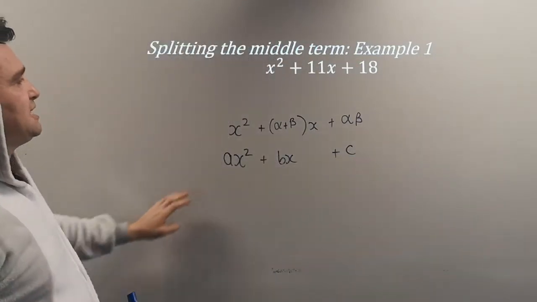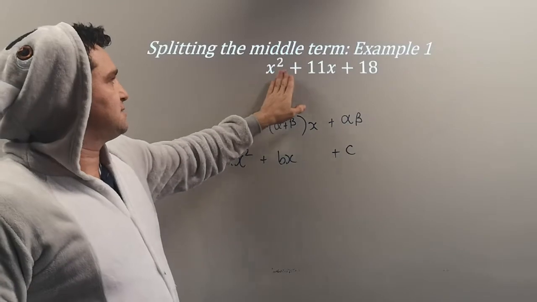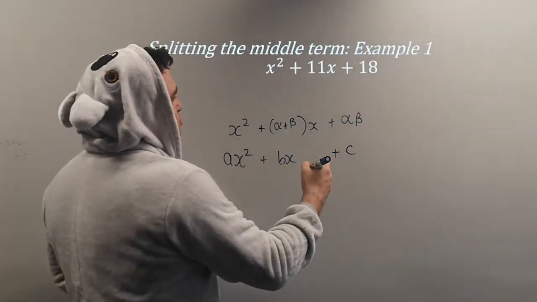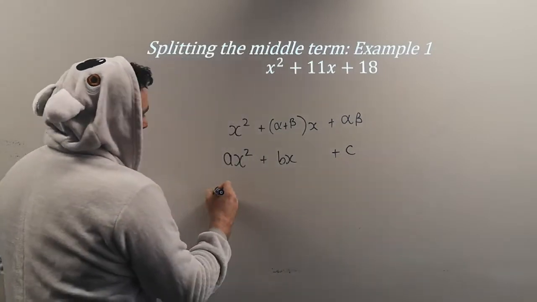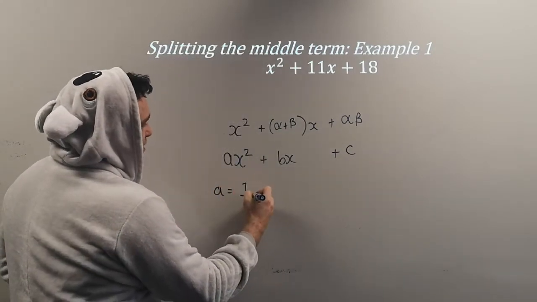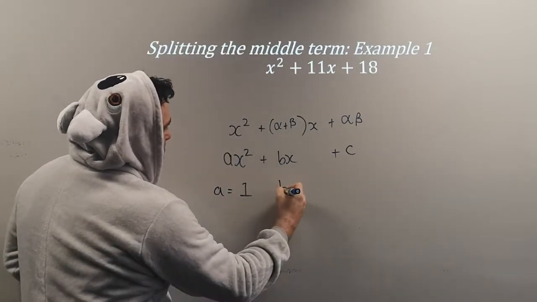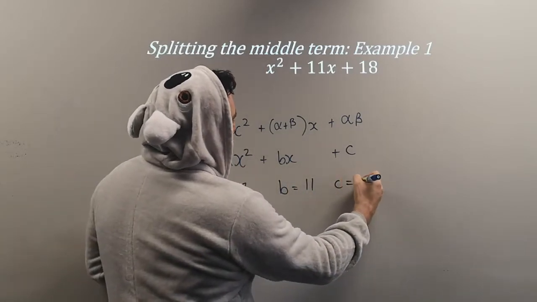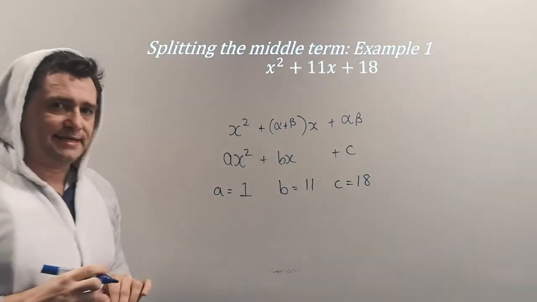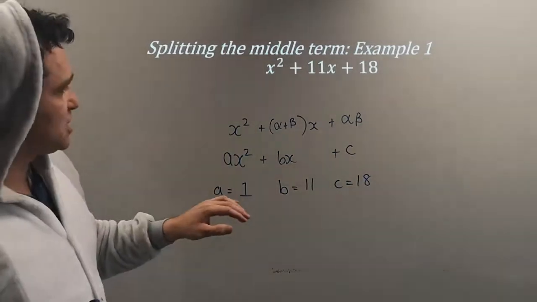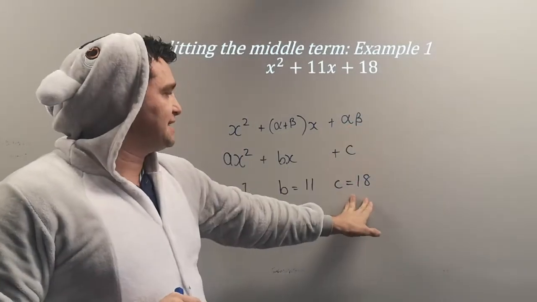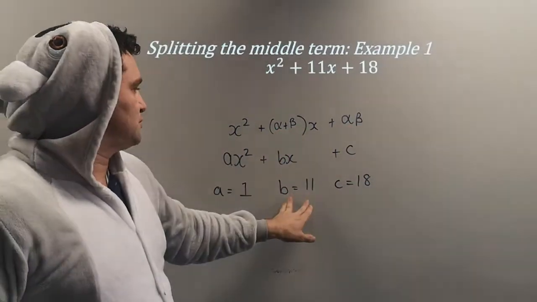In my example here, I've got x squared plus 11x plus 18. So my a is 1, my b is 11, and my c is 18. The idea is I need to find two numbers that multiply to 18 and add to 11.